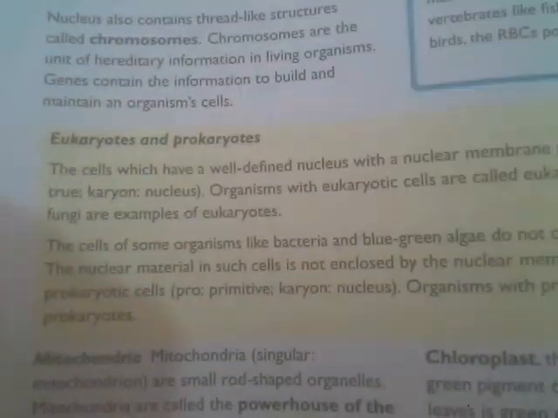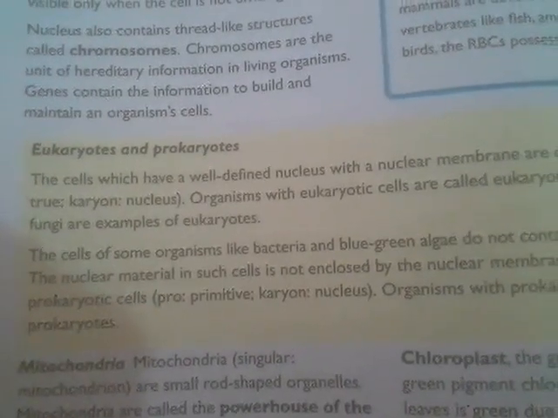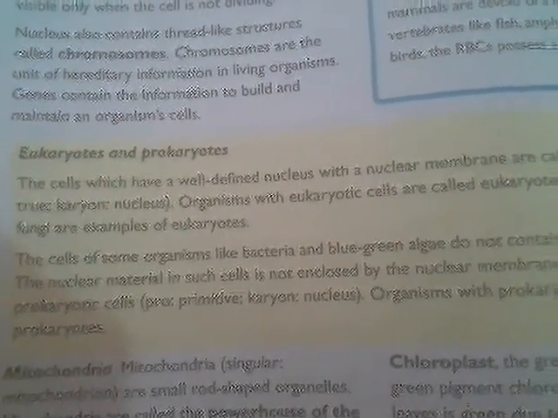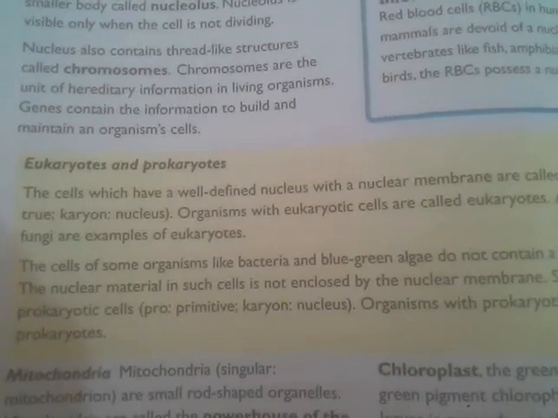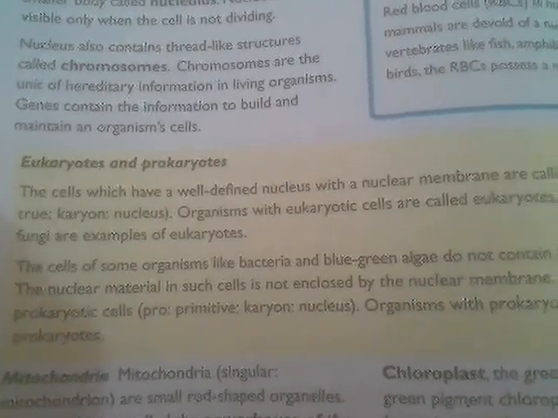Next, we have a small box out here which is about the eukaryotic cell and the prokaryotic cell. A cell which has a well-defined nucleus with a nuclear membrane is called a eukaryotic cell.